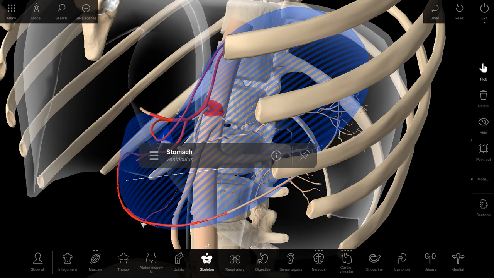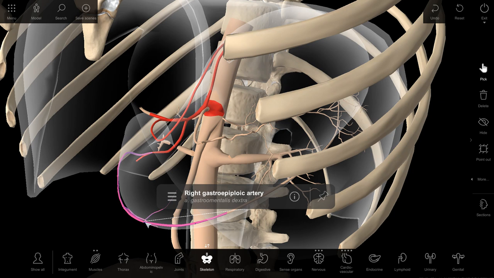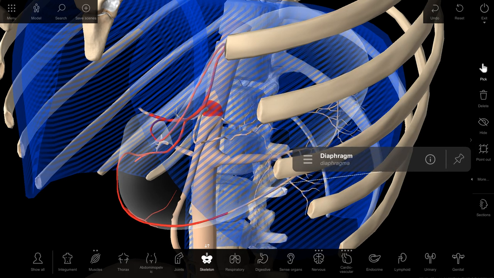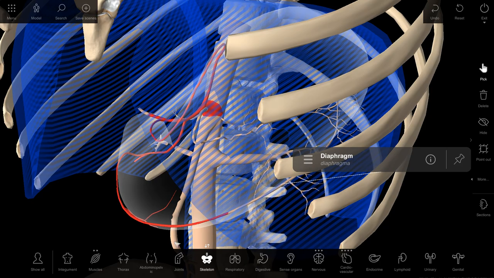One of it, this one, Arteria gastroepiploica dextra, or gastroomentalis, its synonym, and Arteria gastroepiploica or gastroomentalis sinistra.